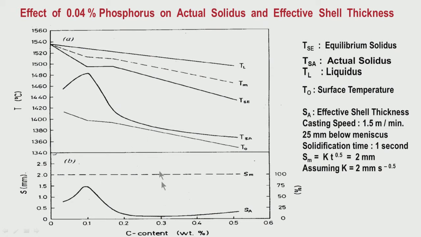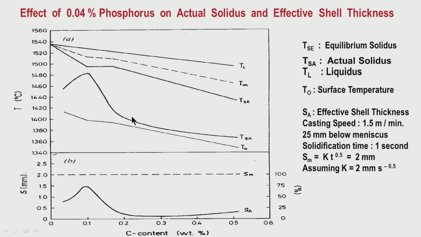But you look at 0.3% carbon for the same amount of 0.04% phosphorus. Here, because austenitic solidification is becoming more and more predominant as you increase the carbon content, segregation is also more. If the segregation is more, the actual solidus is also suppressed to a large extent, and the temperature interval for solidification is more.